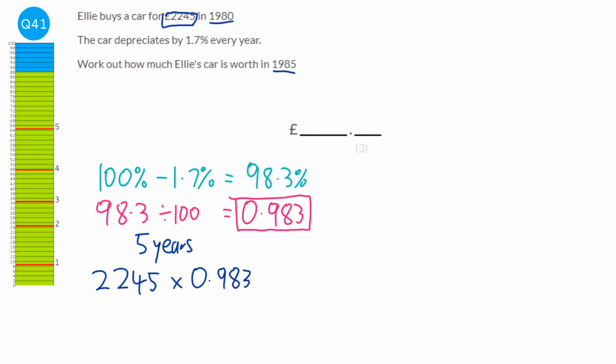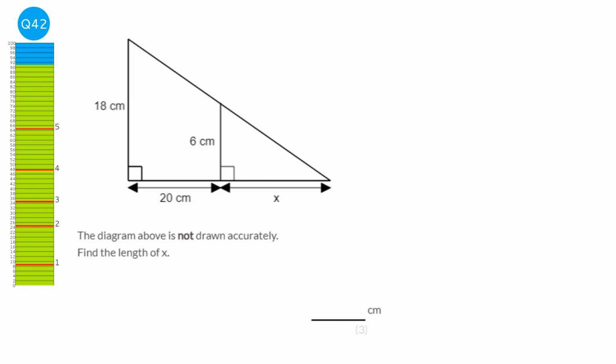Now, I can't be bothered on my calculator to times it by 0.983 5 times. So what you can do is you can do it to the power of 5, which basically means the same thing. And that gives us 2060.553. And when we round that, that would be £2,060 and 55 pence.